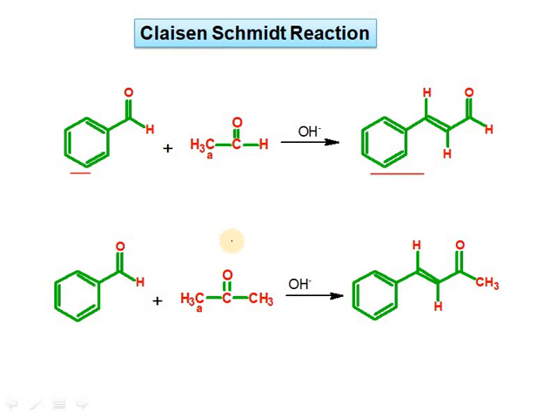Similarly, benzaldehyde has no alpha hydrogen atoms, and acetone or dimethyl ketone has a total of 6 alpha hydrogens: 3 on one side and 3 on the other. So a carbanion on any one carbon attacks this carbonyl carbon and forms this carbon-carbon double bond. These are two examples of the Claisen-Schmidt reaction.